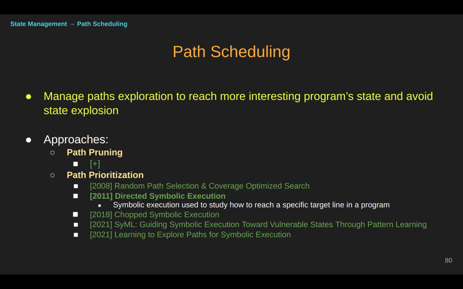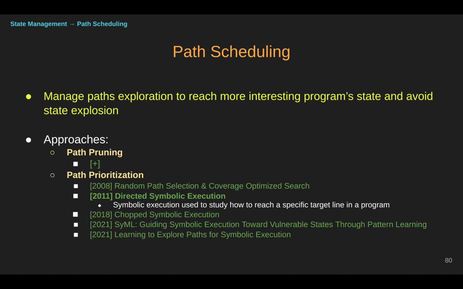There's directed symbolic execution, where you want to study how to reach a specific point in the program, and you come up with some measure of whether you are getting closer to the target. If you are getting closer, then you prioritize that state.